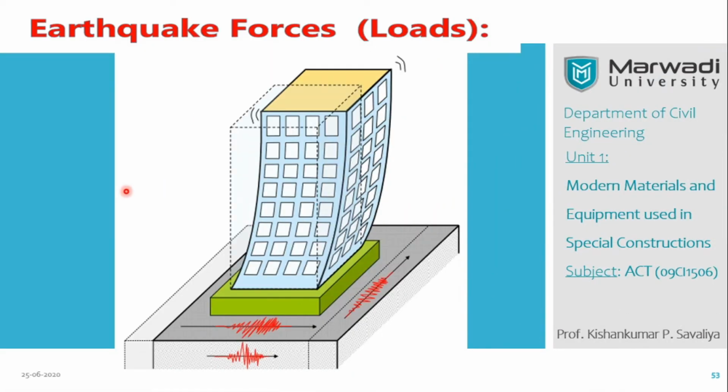Now this will also give an idea. Here we see the three-dimensional image of a multi-story building. The dotted line indicates the original position. If an earthquake of a certain magnitude occurs, the building will move like this.